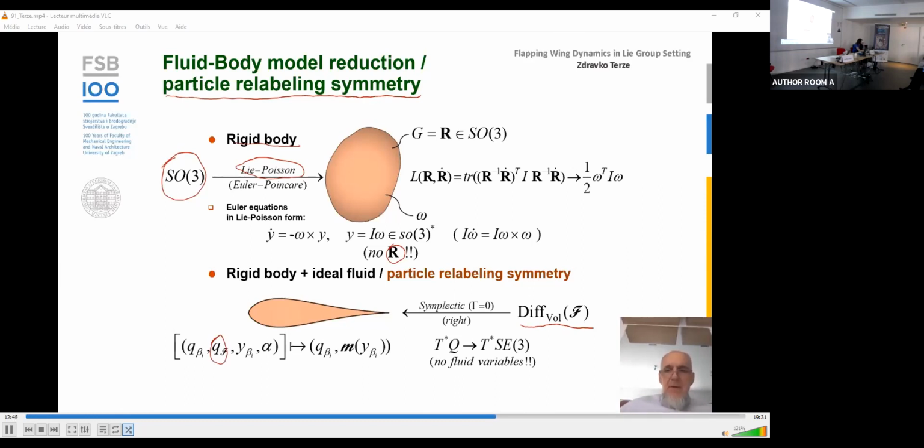Since we have assumed zero circulation, the whole coupled problem can be now expressed only via rigid body variables consisting of rigid body displacements and angular momenta. However, in this rigid body angular momenta, now we have incorporated added mass effect, which encodes influence of ambient fluid to rigid body motion.